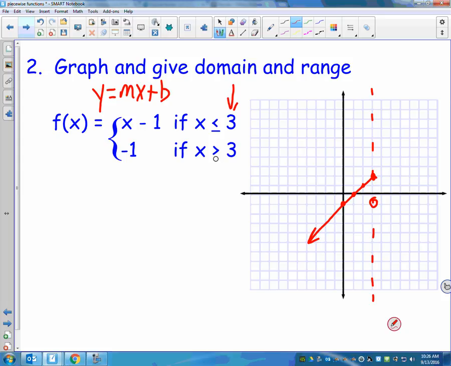Because it's not included, right? And then it's just a slope of 0. So it would be going in this direction. Because right here it just says greater than 3 on the x-axis, right here.